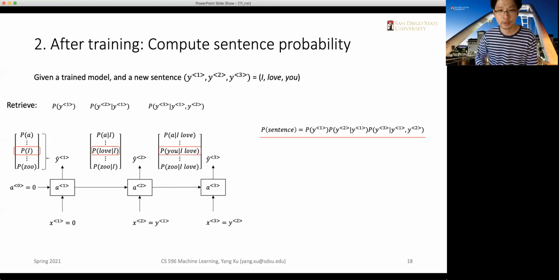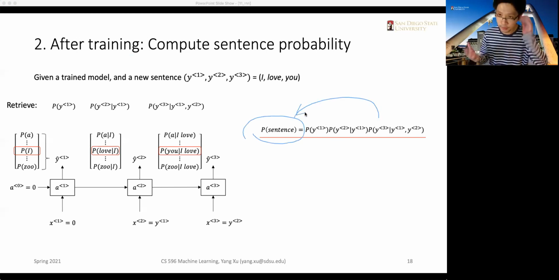So now we just use the product. We multiply these 3 probabilities together and use the product to represent the probability of the whole sentence, okay? And this assumption is that our language production is incremental, okay? So we generate the first word, then the second word, and the last word.